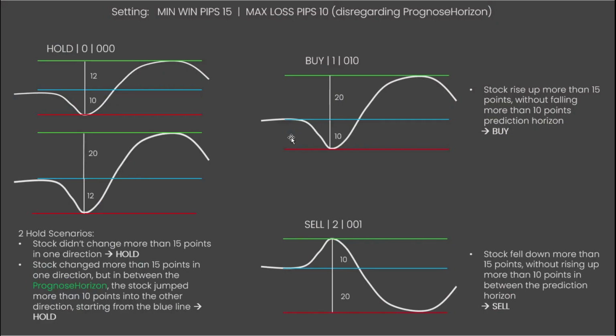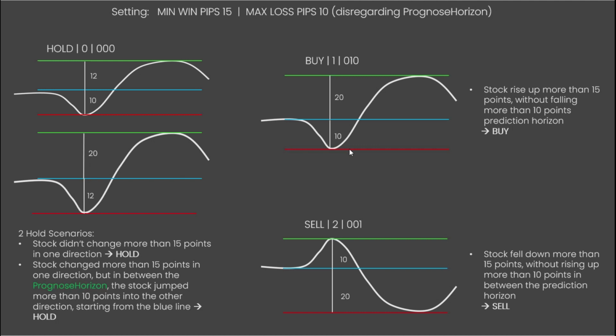Okay, here I got a small sheet where I packed everything together, because there is also a hold scenario. Imagine the price didn't change at least 15 points, then I won't label the data as go into the market.